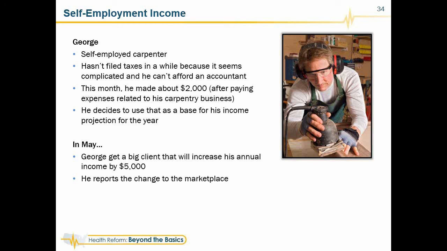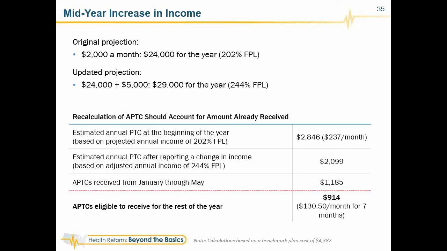Now he comes back to you in May because he just got this big job and he thinks it's going to increase his annual income by a fairly significant amount, by $5,000. He wants to report the change to the marketplace. He asks you for help doing that. And this is actually the main focus of this example, which is what do we do when someone reports that change and increases their income?